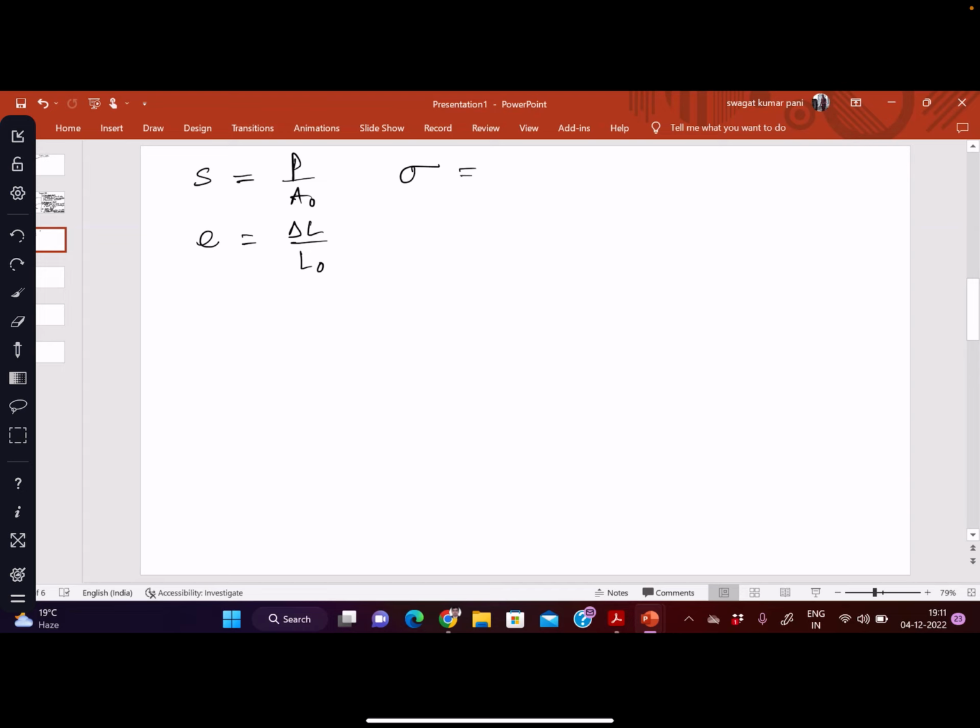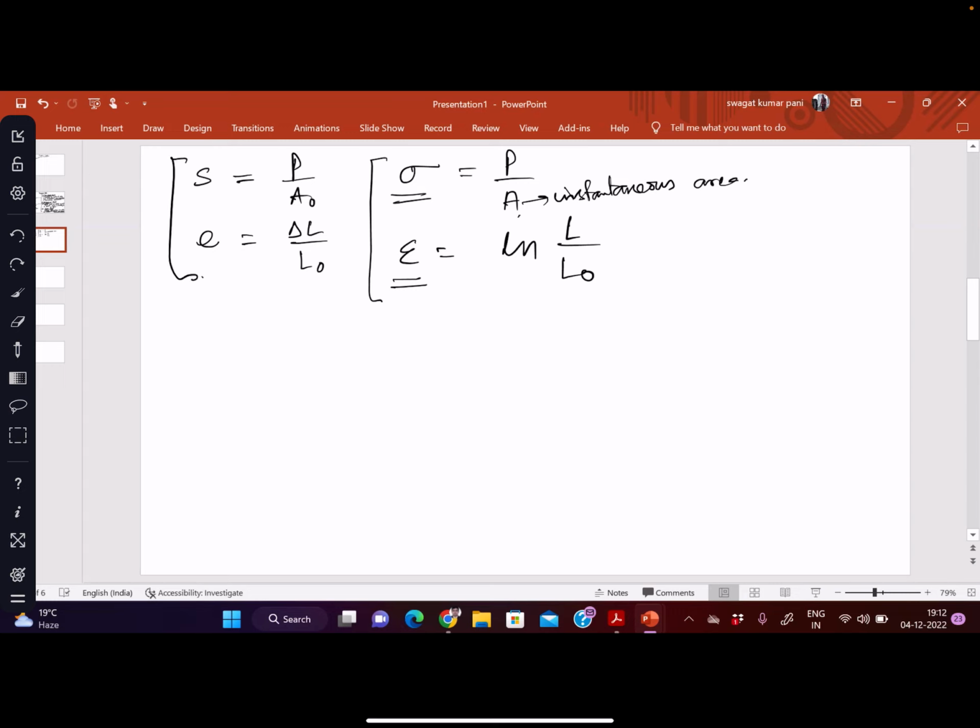So true stress, that is load by instantaneous area. And true strain, that is ln L by L0. These two values we cannot directly measure from the tension test. You have to first get these values, then we convert them using this formula.